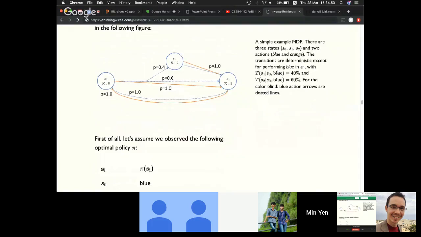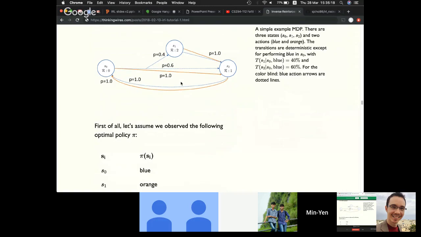We have 3 states, S0, S1, and S2, and 2 actions, blue or orange, with a transition from S0 under blue going to S1 with 40%, or going to S2 with 60%. Okay, so let's hope we can go through this diagram.